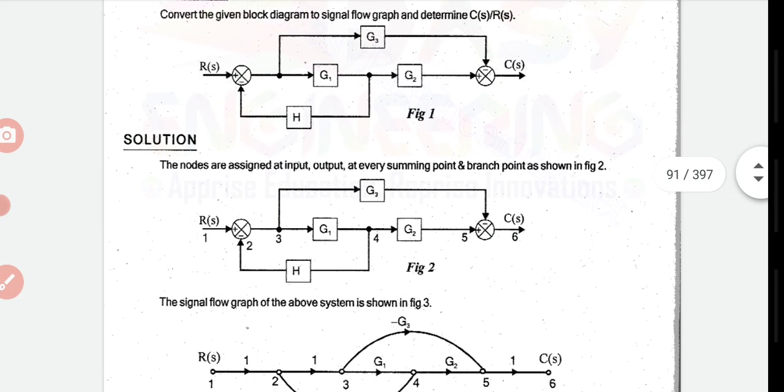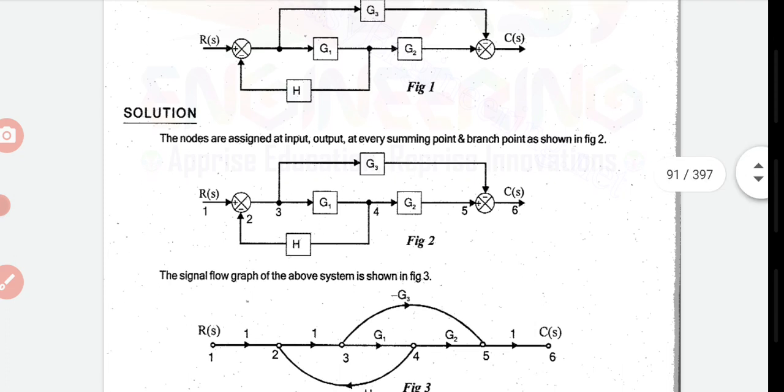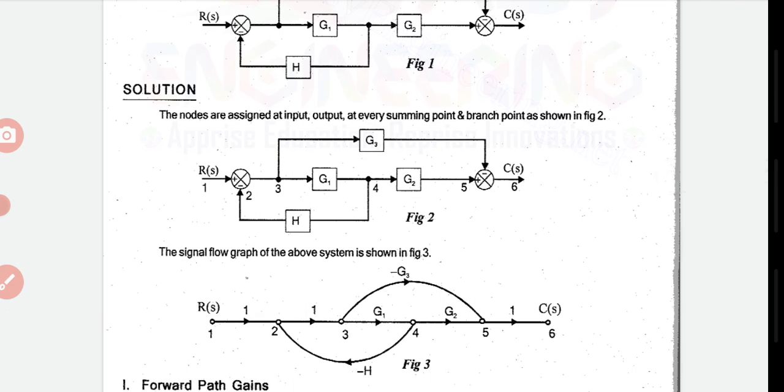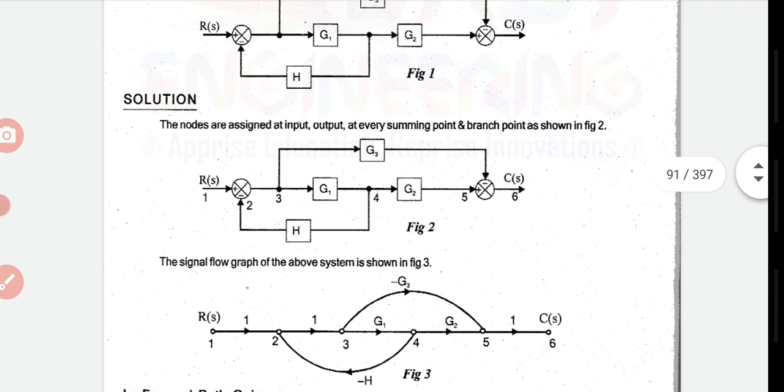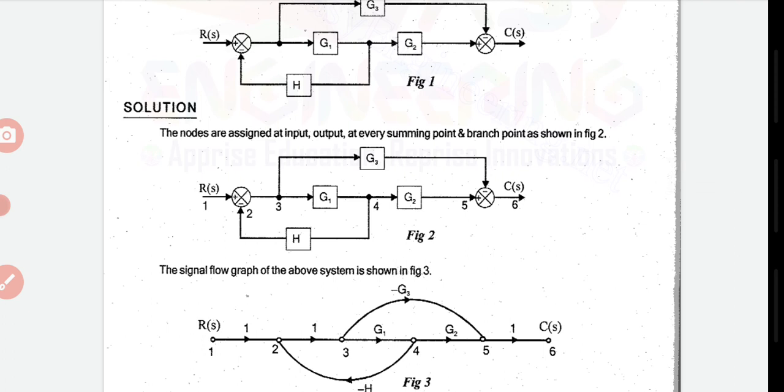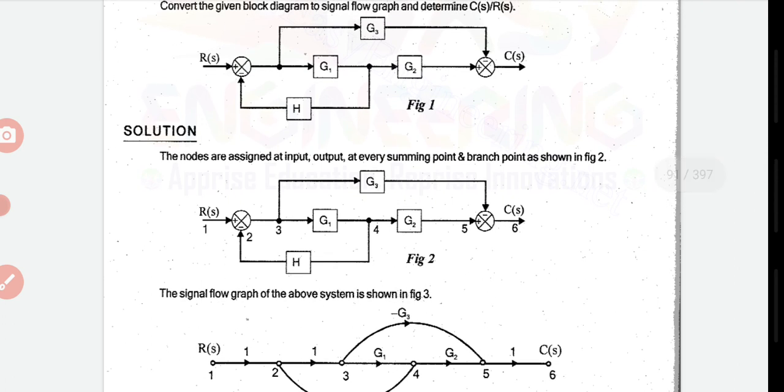The first step is that the nodes are assigned at the input, output, and at every summing point and branch point. So for the given block diagram, first of all we should assign the nodal points.